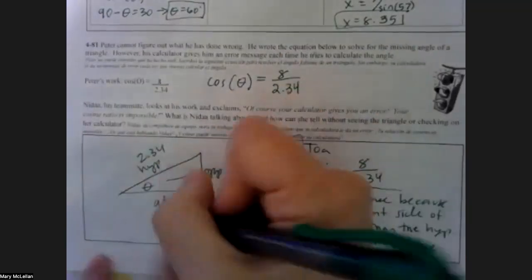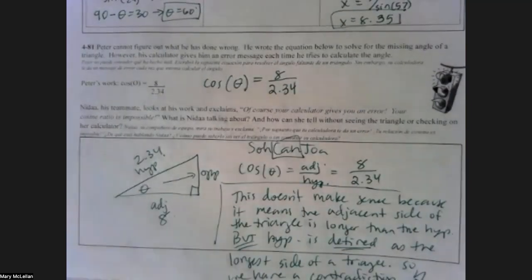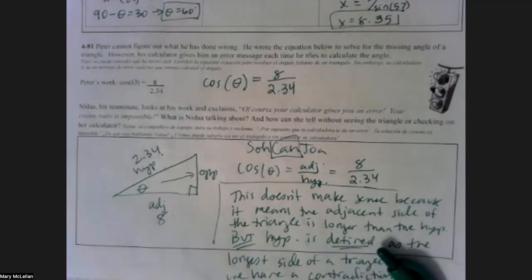All right, so my guess is that Peter switched the adjacent and the hypotenuse and just made a mistake. And my guess is that our textbook is including this problem because it's such a common error. I do see students making this mistake a lot, where they write their fractions for sine, cosine, or tangent upside down.